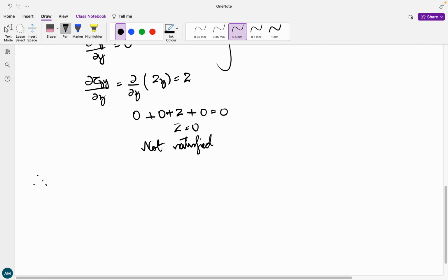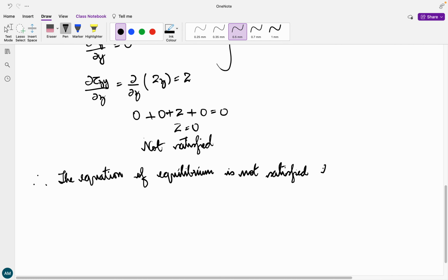So at the end you need to write a comment. Therefore the equation of equilibrium is not satisfied for the given or above, anything can be written, stress distribution.